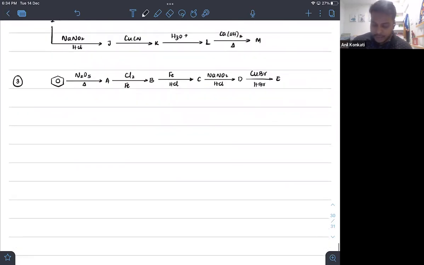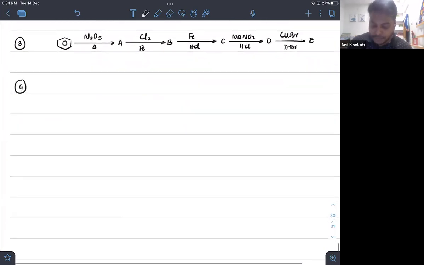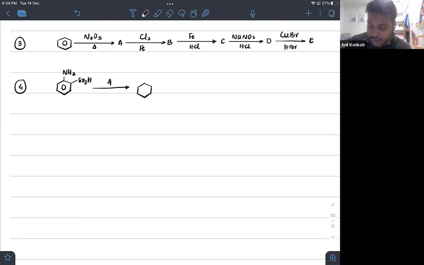Let me write one more, because this was asked recently, in 2019. So just learn this. NH2 with SO3H present, and with A you make it a diazonium salt, N2Cl with SO3H.